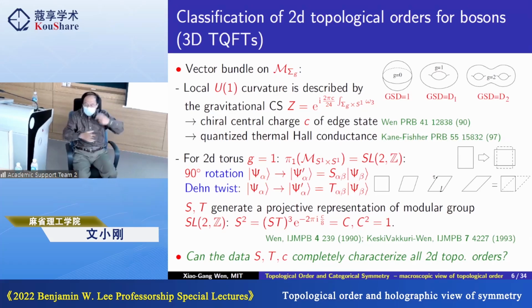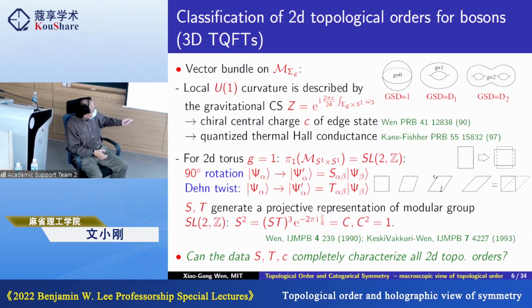So the non-abelian part is a representation of SL(2,Z). This part is a bit tricky, and somehow these two representations combine into some kind of projective representation, where the central charge appears.